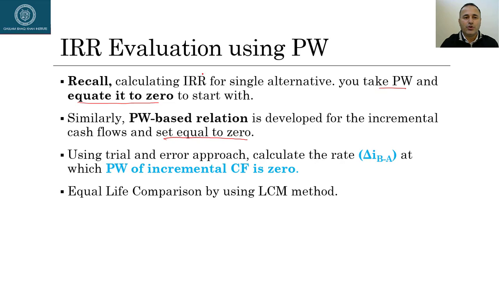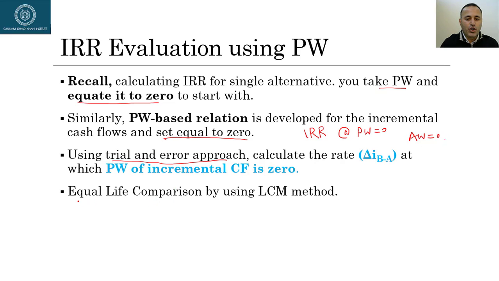While calculating the IRR, of course, by definition, IRR is the rate at which your PW is equal to 0 or your AW is equal to 0. And then in order to calculate IRR, of course, we use a trial and error approach or interpolation, and we calculate the IRR.